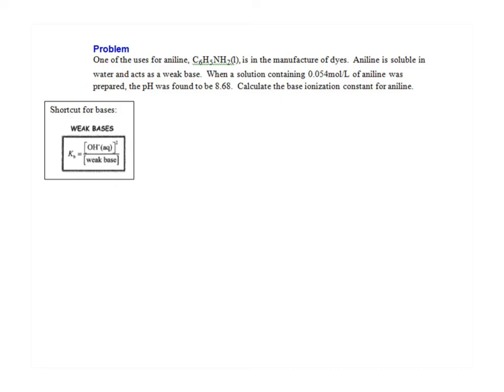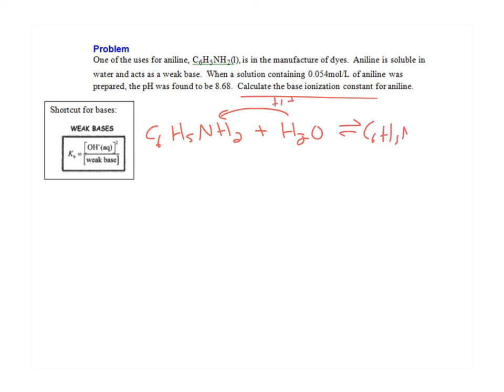So here we have aniline. Here I want to calculate the base ionization constant. So aniline is this base, C6H5NH2. So in an aqueous solution, it's going to take hydrogens off of water. So I'll have C6H5NH3 plus and leave behind hydroxide ion concentrations.